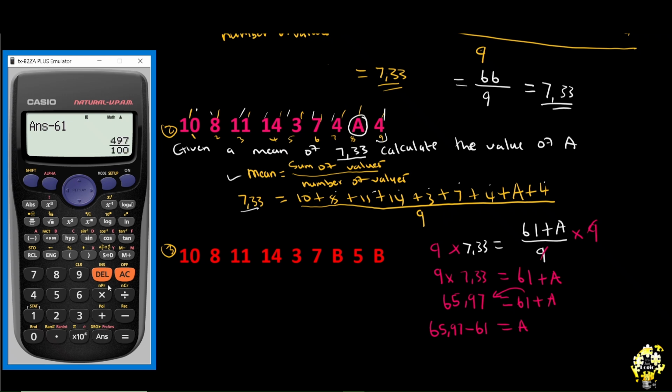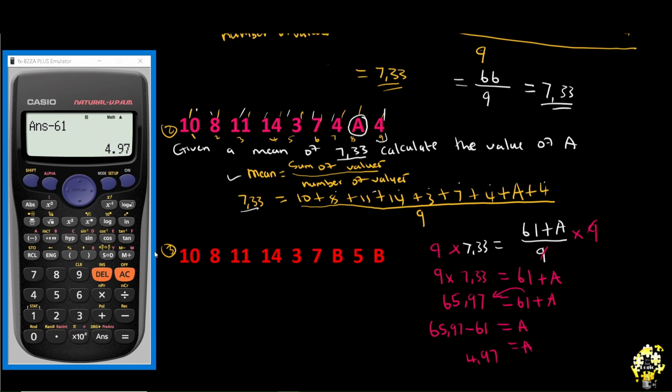What do we get? A is 4.97. It's the value of A.